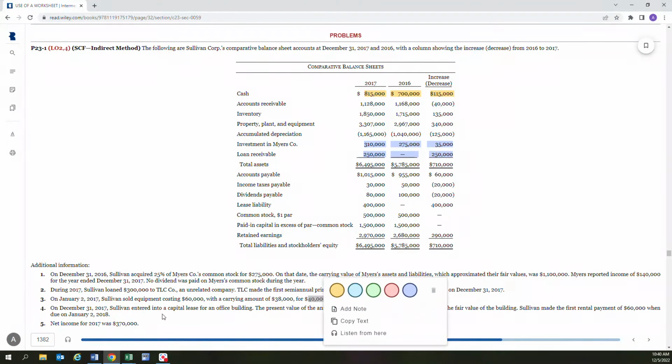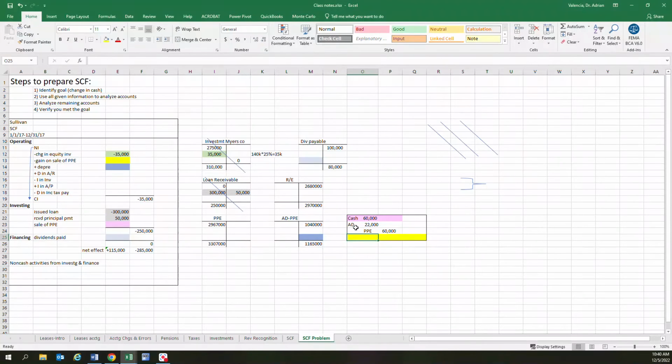My bad. So this should be a cash for 40,000. Hopefully somebody picked up on that as I made that mistake. And then we have 62 here and 60 here, so this gives us a gain of $2,000.